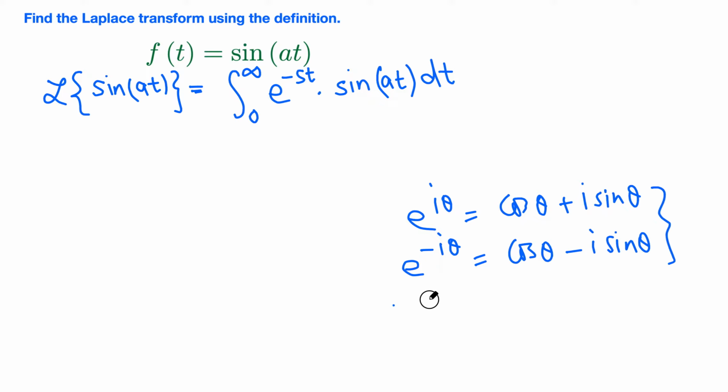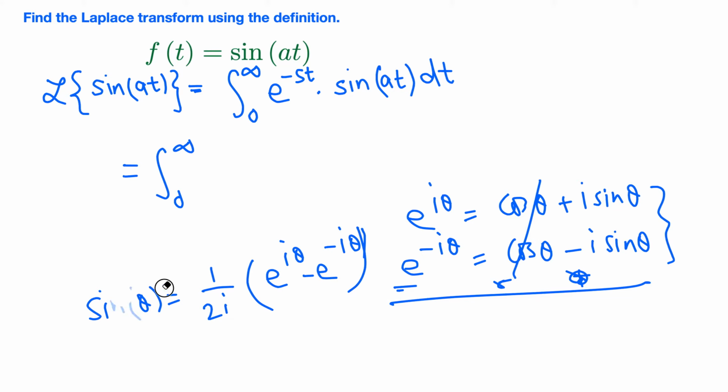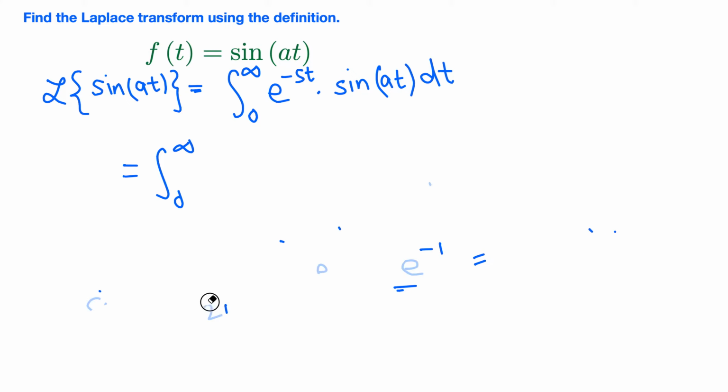If I subtract these two, I get 2i sine theta equals this minus this. Dividing by 2i, sine of the angle is 1 over 2i times (e^(i theta) minus e^(minus i theta)). Instead of subtracting, if we add, then we get cosine theta. I'm going to apply this to our problem, so the integration becomes much easier. We don't have to use integration by parts.